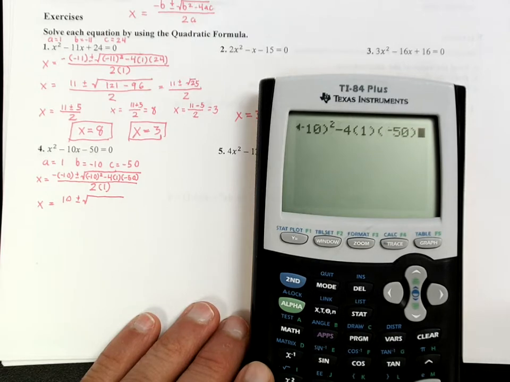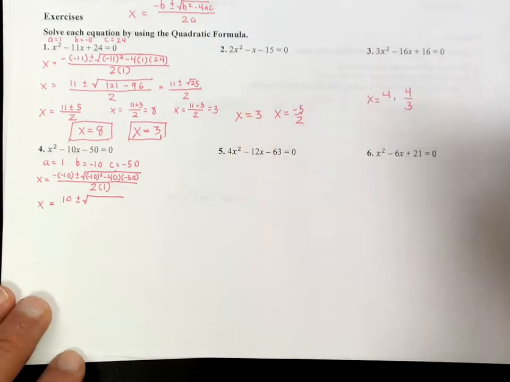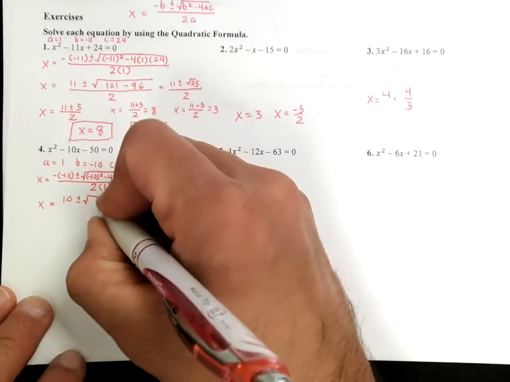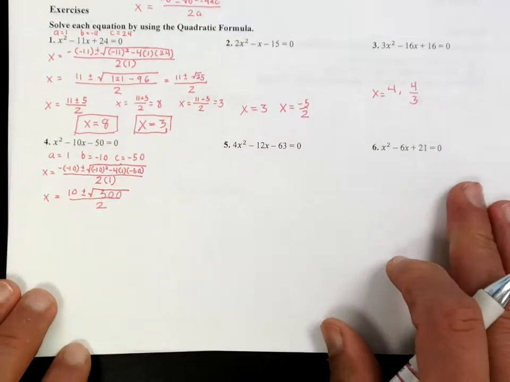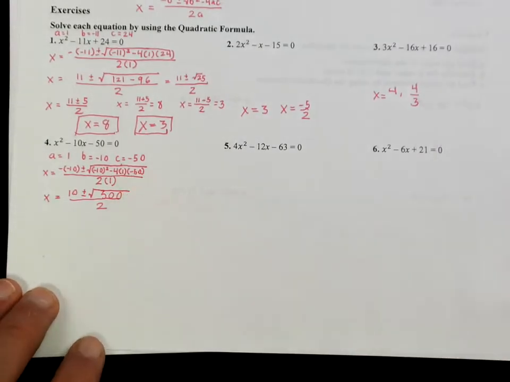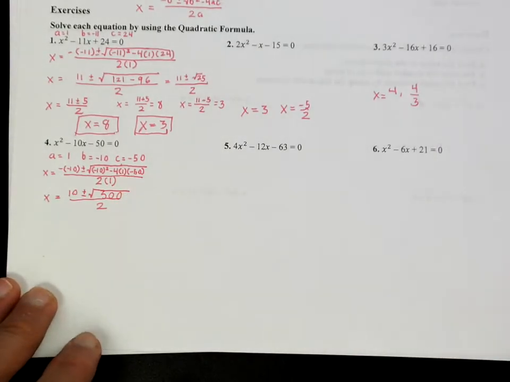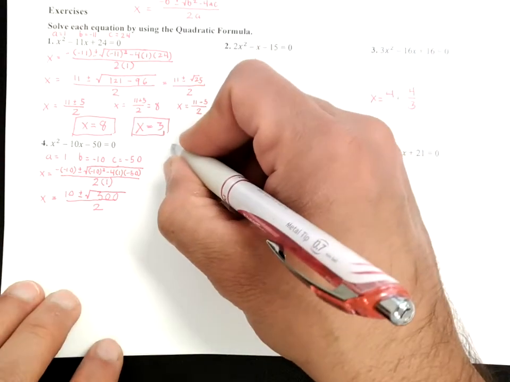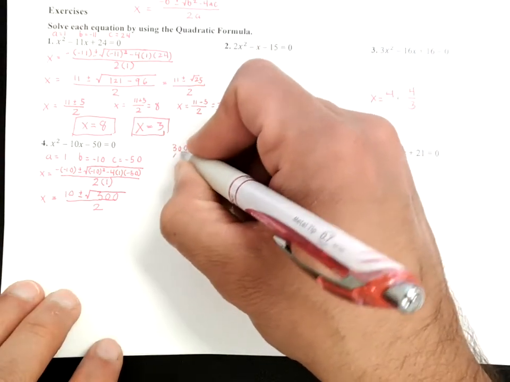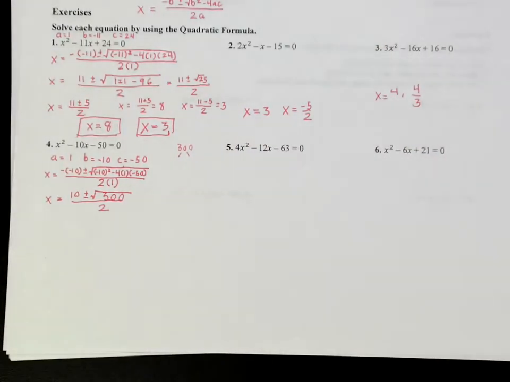I think that's going to be 300, but okay. So it is going to be 300 all over 2. All right, so now to go on, notice that 300 is not a perfect square, so you're going to have to simplify that radical by looking for factors of 300, basically doing a factoring tree. Now, on 300, now that you guys are maybe a little bit older, what I like to do on these is look for perfect squares within this.